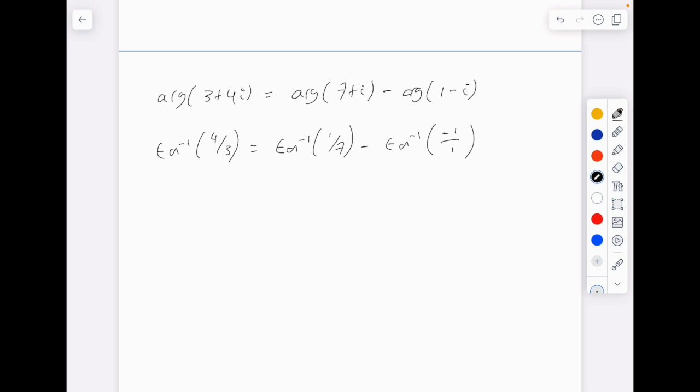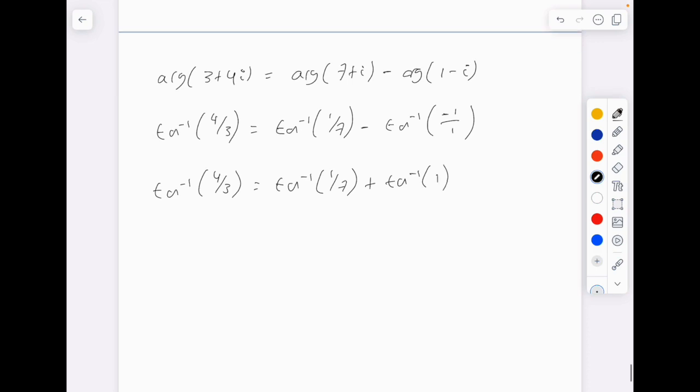Right, now all we have to do is apply some pretty simple trigonometric rules. So we can say from here that tan inverse of 4 over 3, okay, what does that tell us?